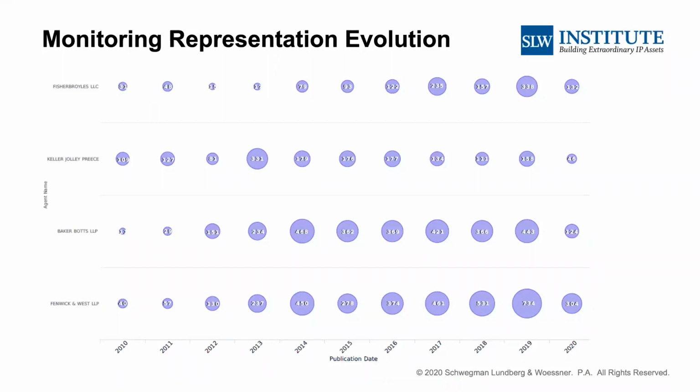If you're competitively benchmarking, which firms are you going to be conflicted from working with, even though they might have the right expertise? I find this a very useful slide in reviewing how representation is assigned to a client.